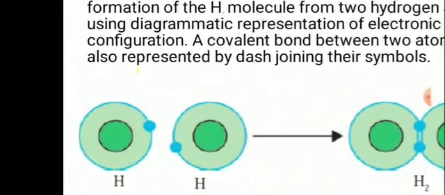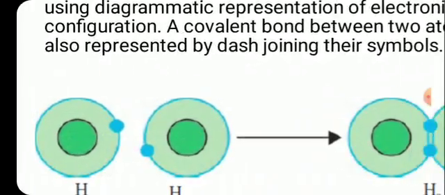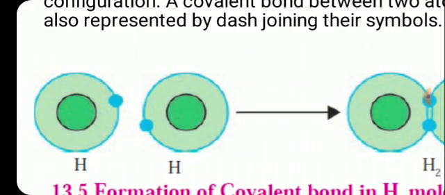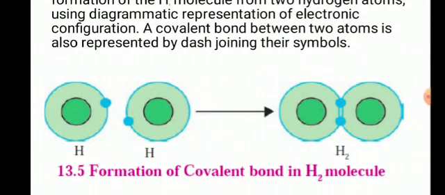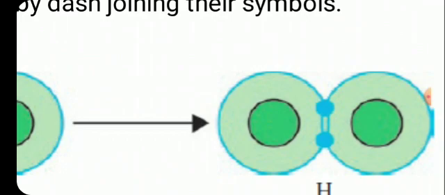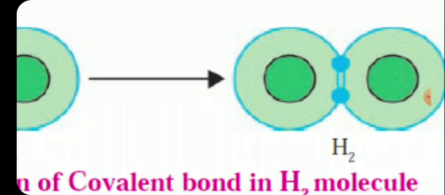Children, see here, hydrogen has only one electron in the K shell. Two hydrogen atoms are identical and they have similar tendency, and therefore they share their electrons with each other, and as a result electron duplet of both the hydrogen atoms is complete and a chemical bond is formed between them.